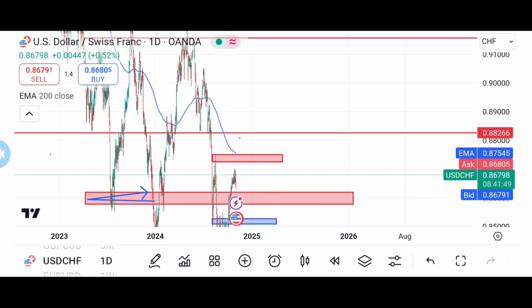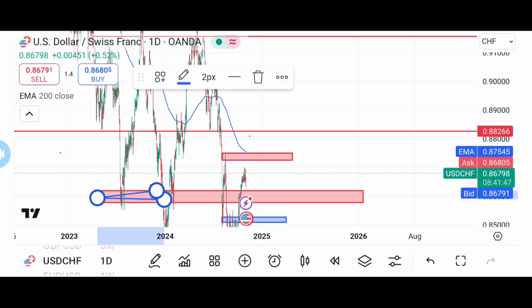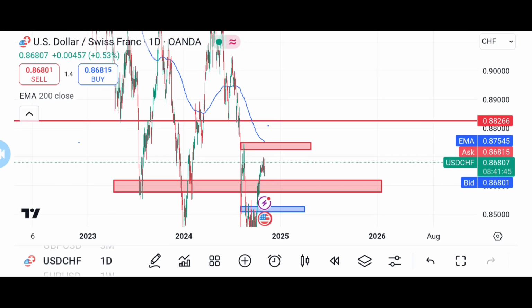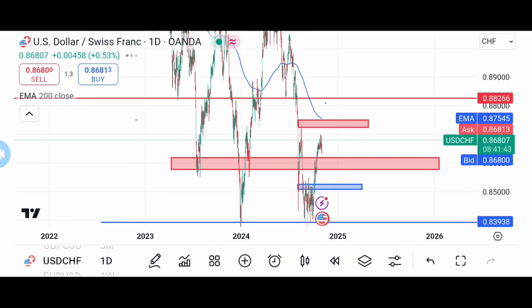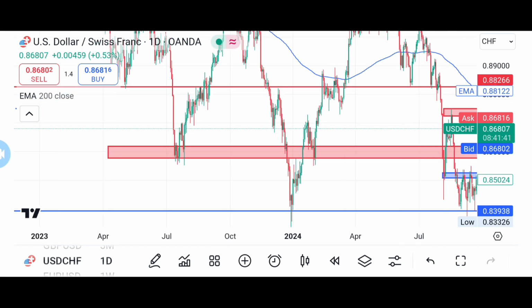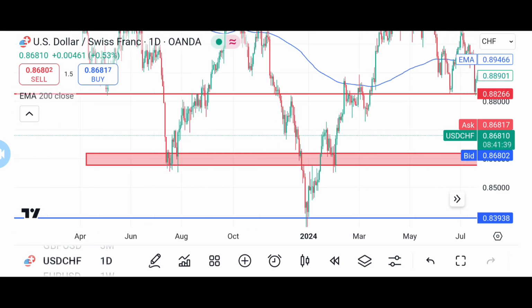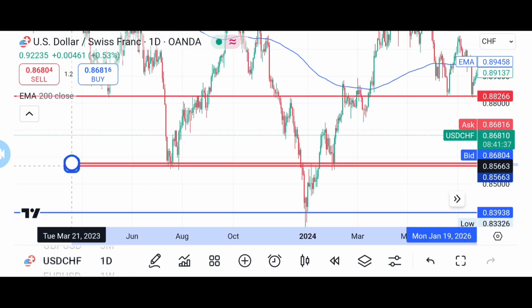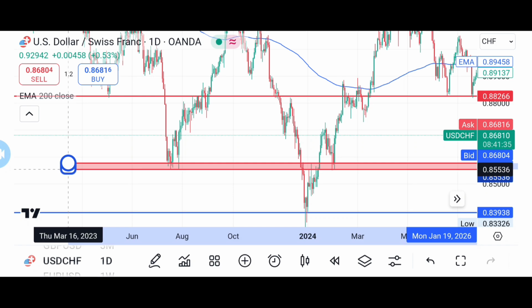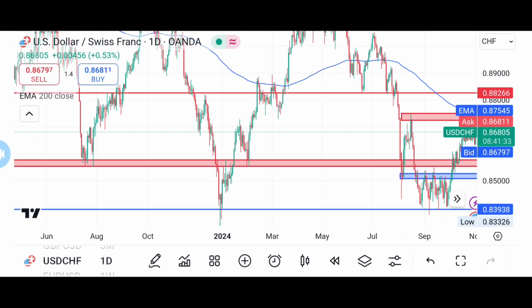So let us minimize that zone using a daily time frame. Very good, so that zone is now clear.